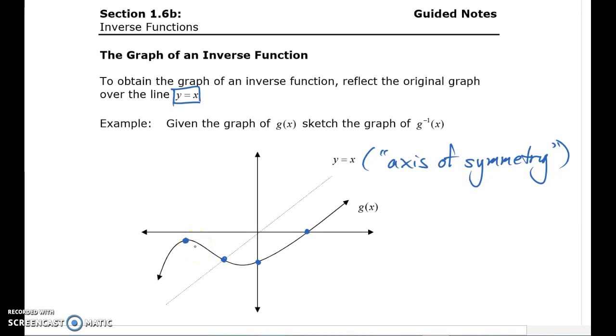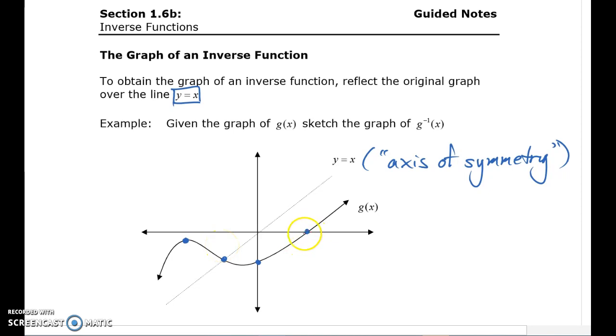And what we're going to do is think about taking each one of those respective points and reflecting them about that quote-unquote axis of symmetry line. Now, one of the things that might help in determining where I'm going to put the inverse function is to think about taking the x and the y, of course, and switching them. Okay?